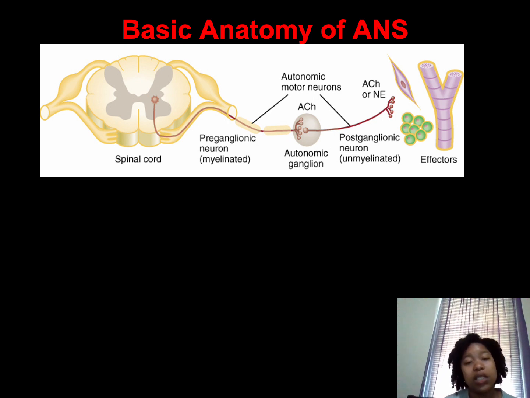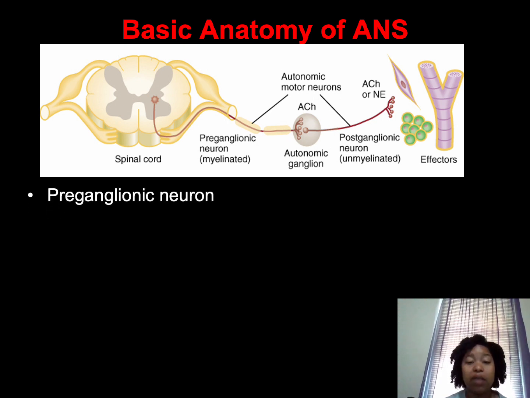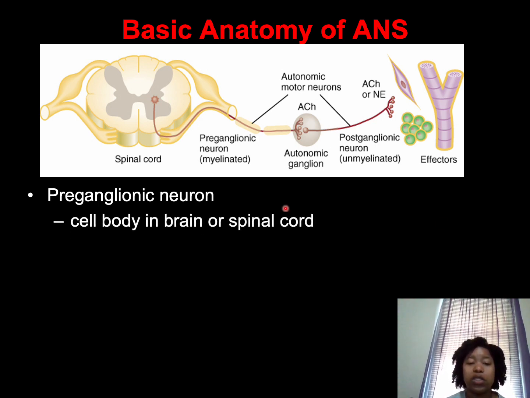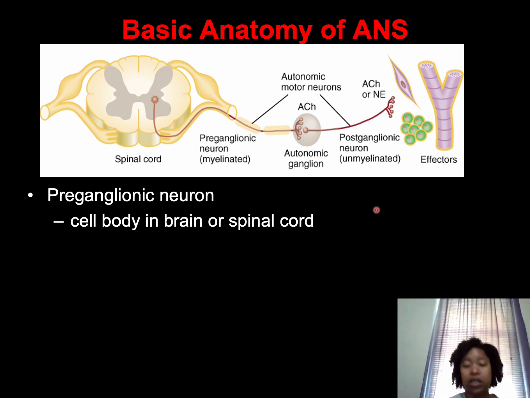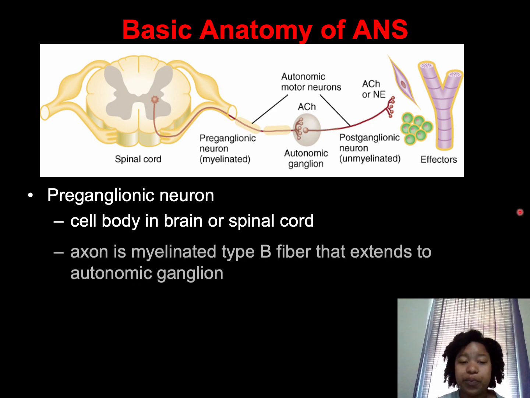So let's look at the basic anatomy of the autonomic nervous system. You have a preganglionic neuron that's myelinated, right? So this is where the cell body of the preganglionic neuron is going to be present in the brain or spinal cord. So the cell body of it is directly in the central nervous system.